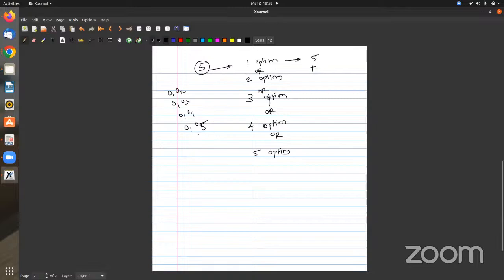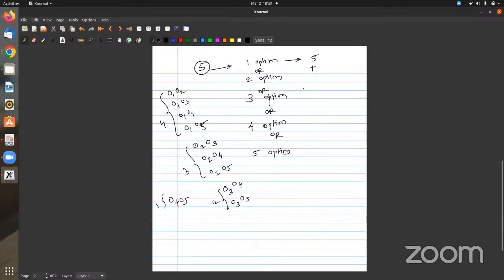These are 4 ways. Then O2 O3, O2 O4, O2 O5; I cannot say O2 O1, because that is the same thing. Then O3 O4, O3 O5, and then O4 O5. So these are 4, these are 3, these are 2, these are 1.